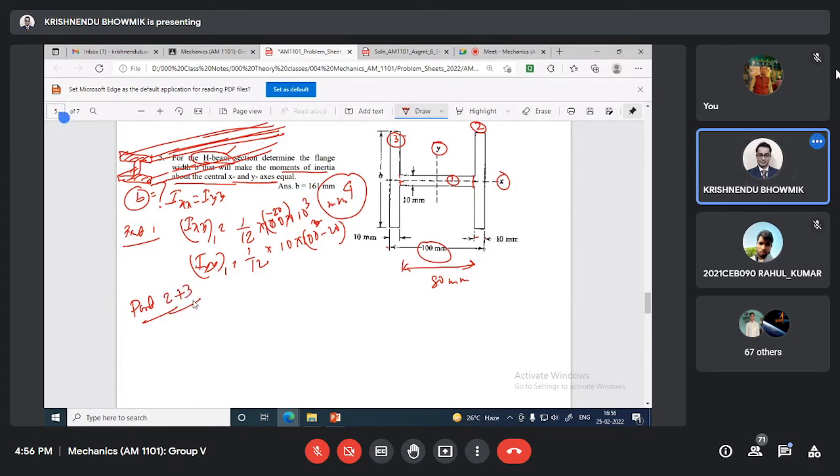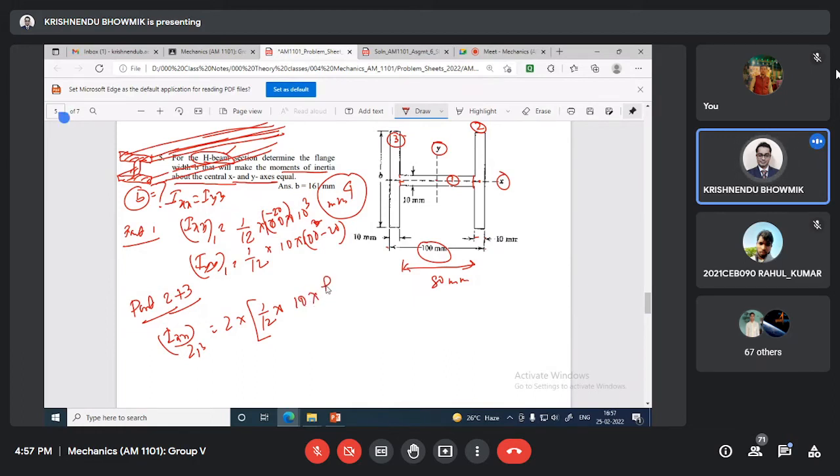Okay, so IXX for 2 and 3, let me write 2 multiplied by, because same distance, same area, 2 multiplied by, if I consider this is the centroid, IXX, then 1 by 12 base 10 multiplied by height cube.